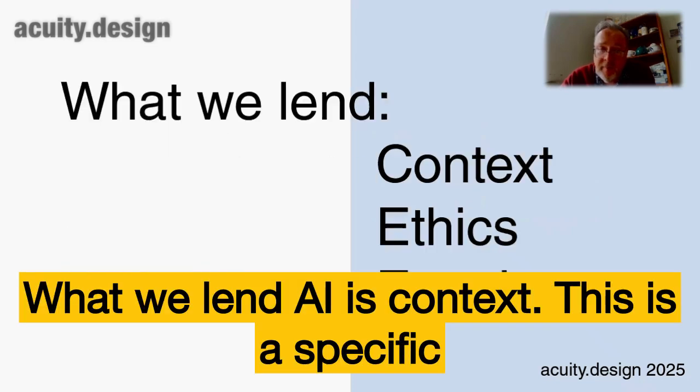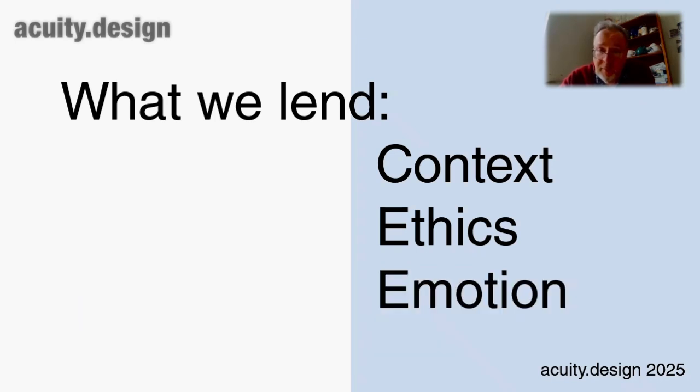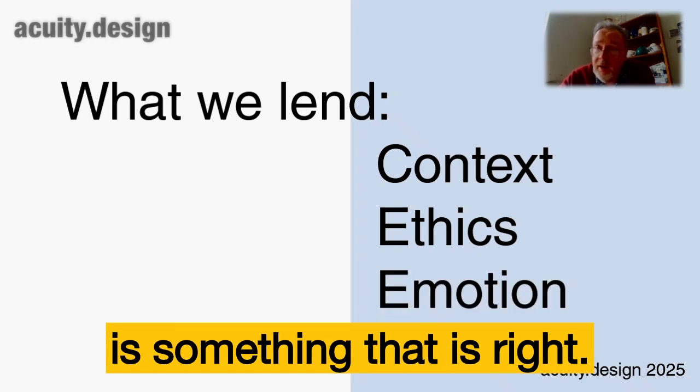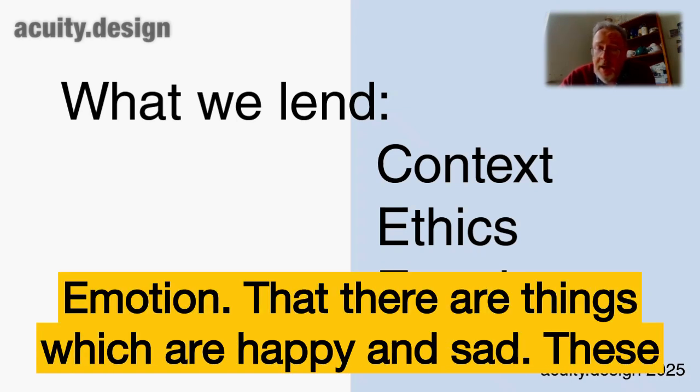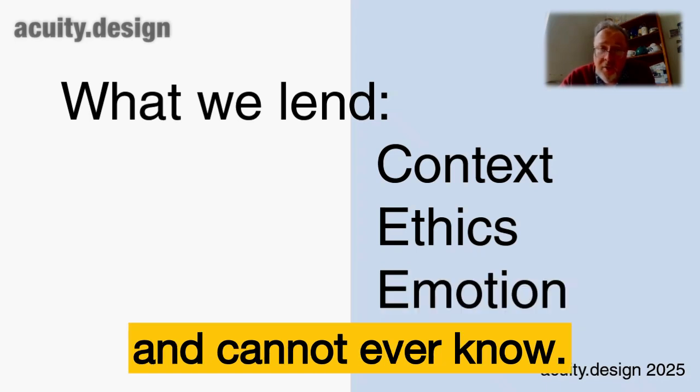What we lend AI is context, i.e., this is a specific perspective upon a specific problem. Ethics, that there is something which is wrong, there is something that is right. And emotion, that there are things which are happy and sad. These are things we lend AI because it does not know and cannot ever know.